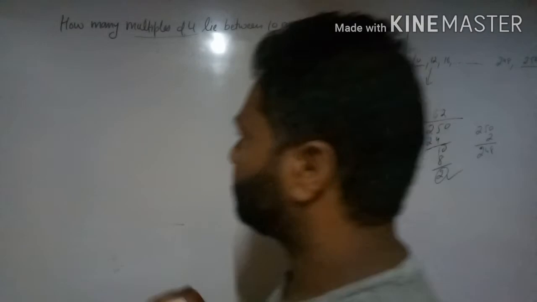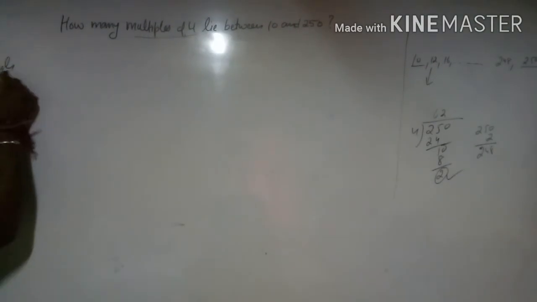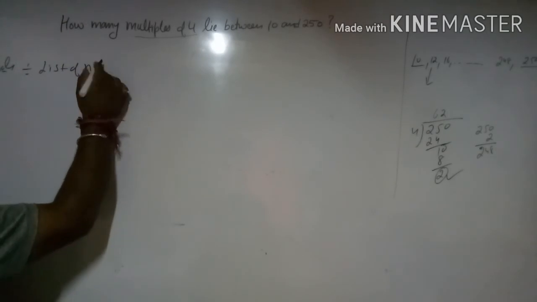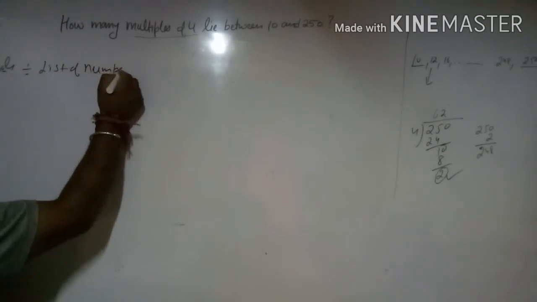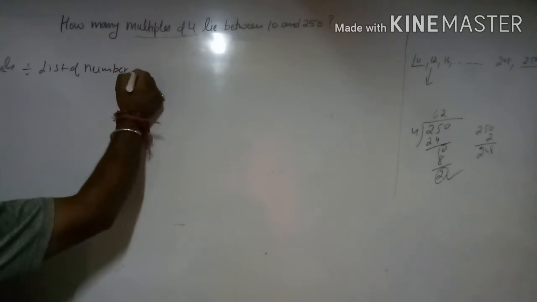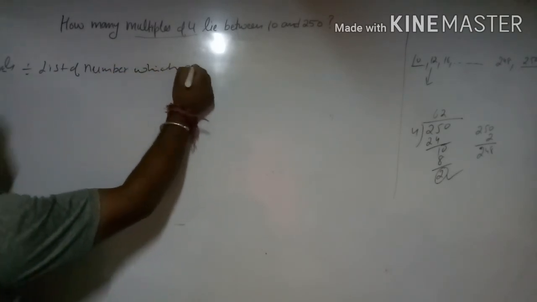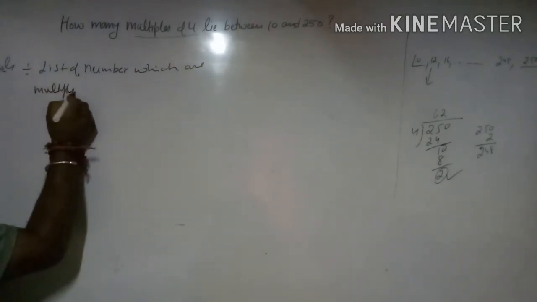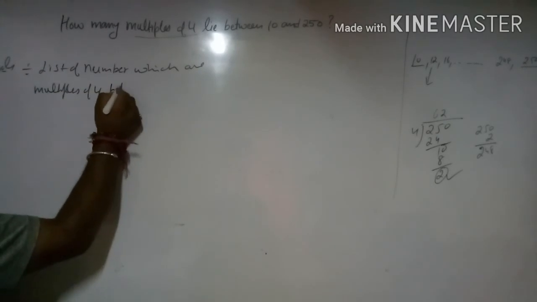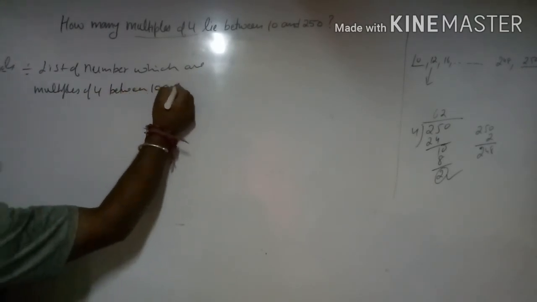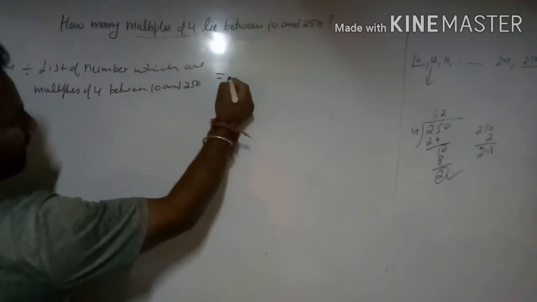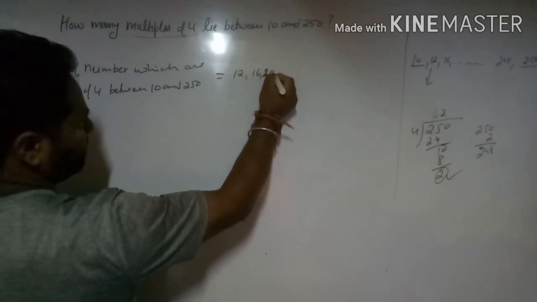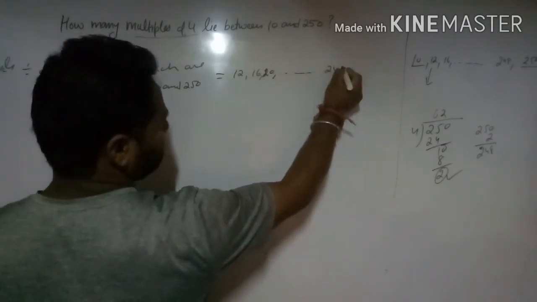So in the solution we can write: the list of numbers which are multiples of 4 between 10 and 250 are 12, 16, 20 and so on, and the last is 248.